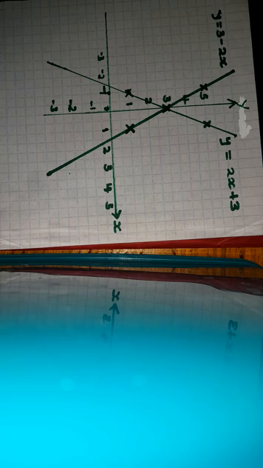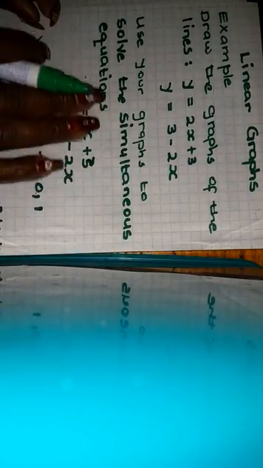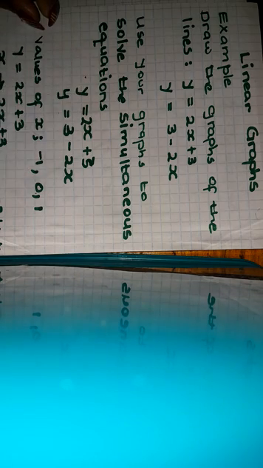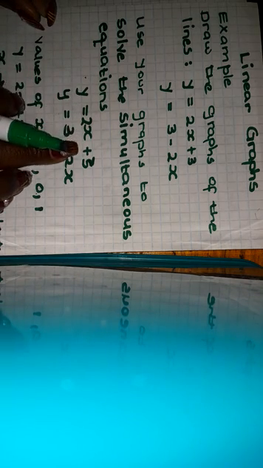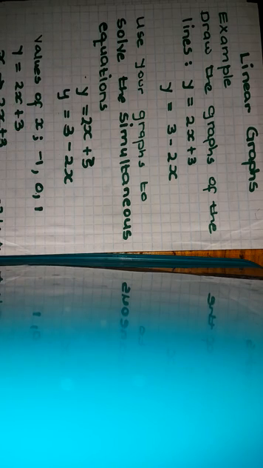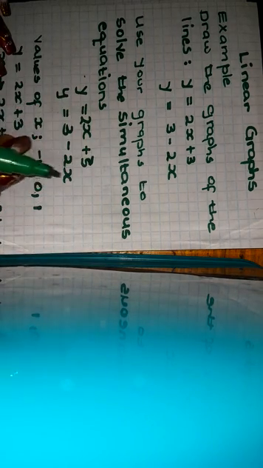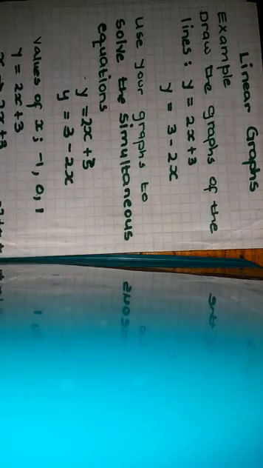So the question says that use your graphs to solve the simultaneous equations. Y is equal to 2x plus 3. Y is equal to 3 minus 2x. So it means these two are simultaneous equations.